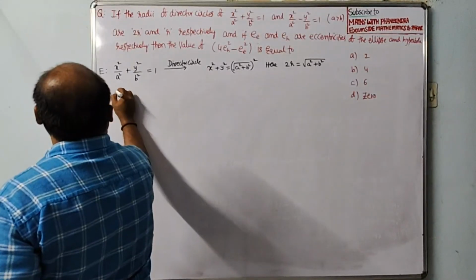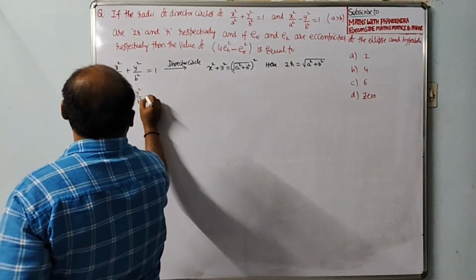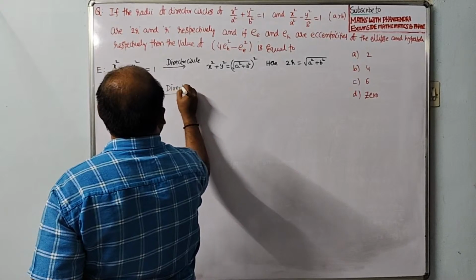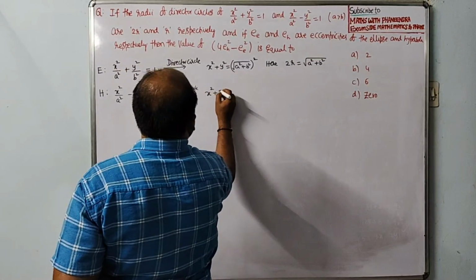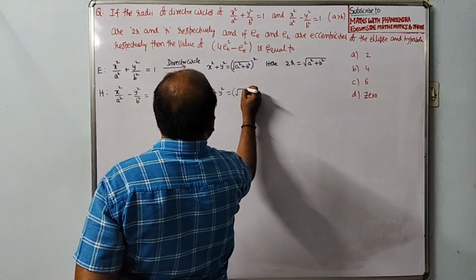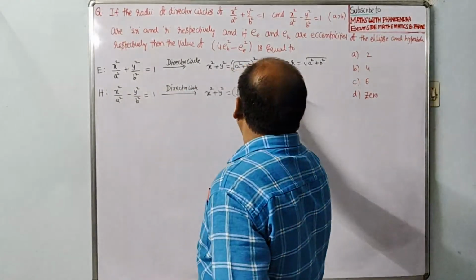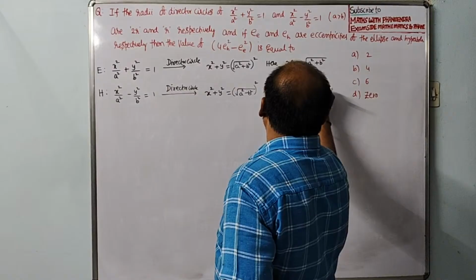Next hyperbola. x square by a square minus y square by b square equal to 1. Director circle: x square plus y square equal to root of a square minus b square whole square. Here r is equal to root of a square minus b square.